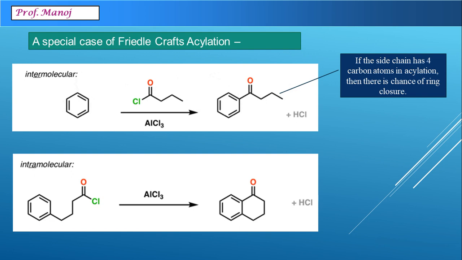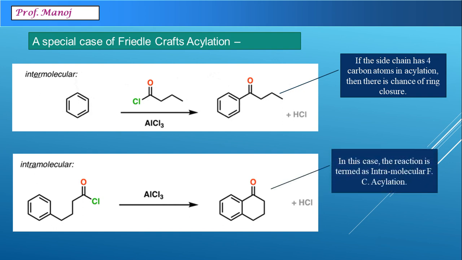You can see the same substance now we are showing here, but now the chlorine is outside present and the ring closure takes place to form a 6-membered ring. This happens when the intramolecular Friedel-Crafts acylation takes place. Moreover, the side chain also has a reactive functional group like chlorine.